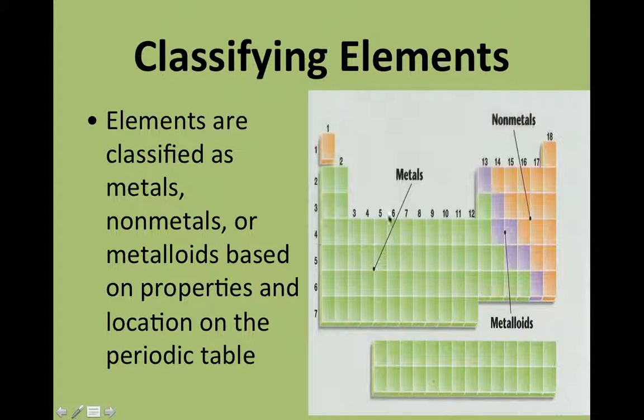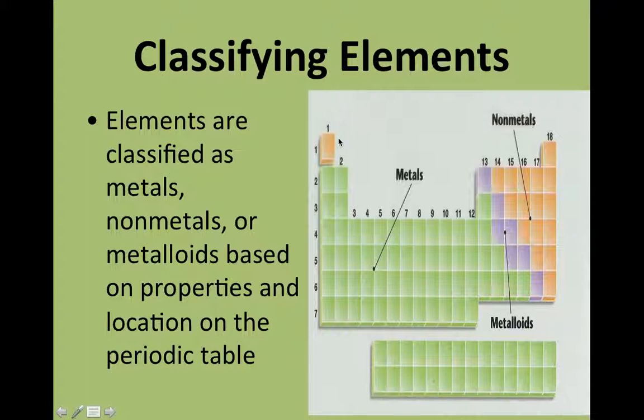Now, elements that are found on the periodic table, when you look at this diagram, we basically are classifying elements as either metals, which is the biggest group, they're in green. Then you have nonmetals, which are in orange. They're to the far right. Metals are on the left, except for that hydrogen.